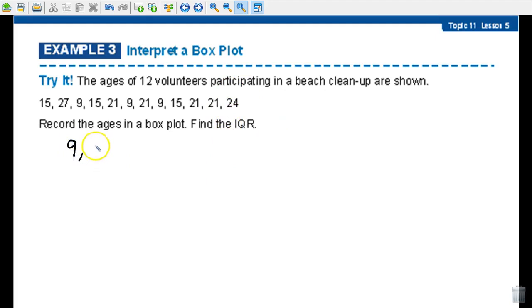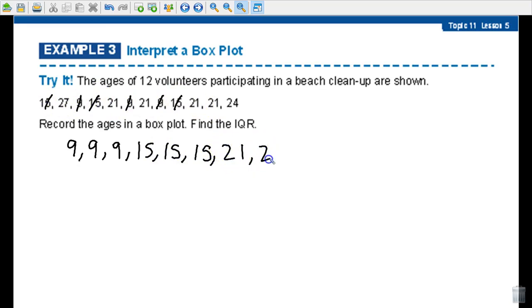9, 9, 9, cross out. And then we've got 3 15s. Cross those out. Then we've got 1, 2, 3, 4 21s.